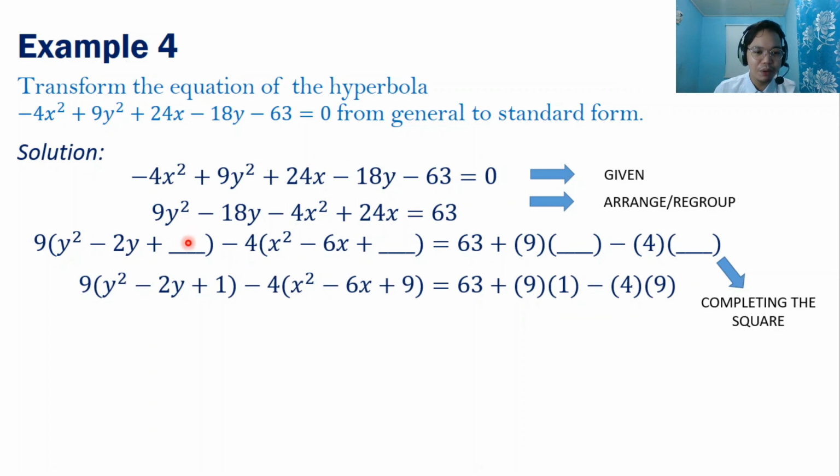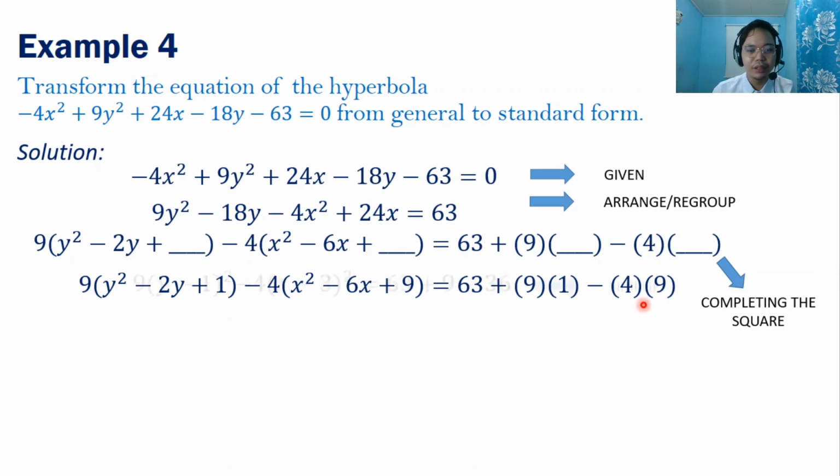This will be 1 because 2 divided by 2 is 1. Then, pag in-square natin siya, that is 1. Sa kabila naman, 9. Because if we're going to divide 6 by 2, that is 3. Pag in-square natin yon, that is 9. Then, kompletuhin din natin sa kabila. So, we have 9 times 1. So, here. Then, 4 times 9.